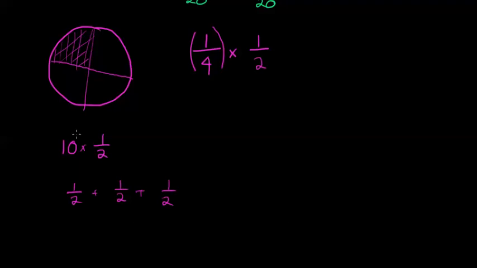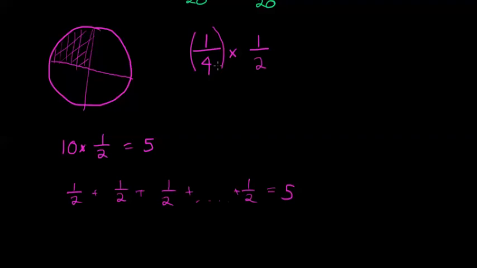Or half of 10. Half of 10 is 5, we know that. And 10 halves, if I add this 10 times, I will also get 5. It doesn't matter which way you look at it. The point is, when I multiply with a half, I am halving whatever I'm multiplying.